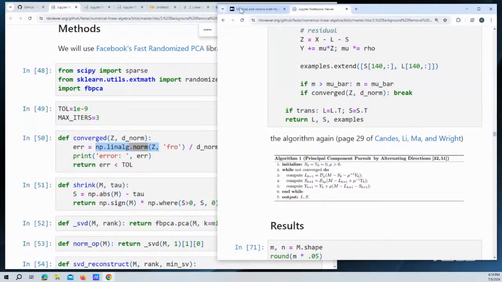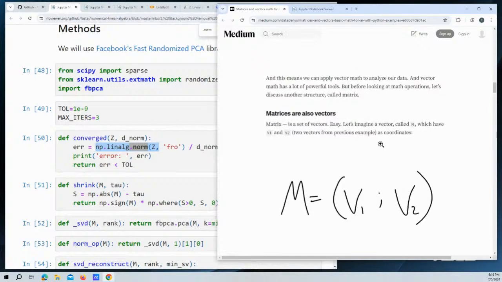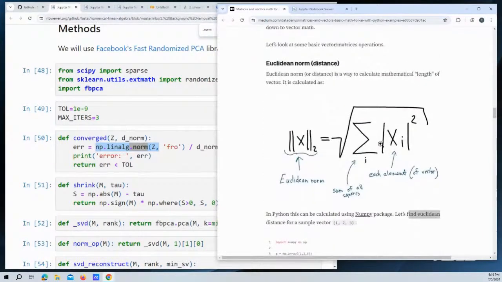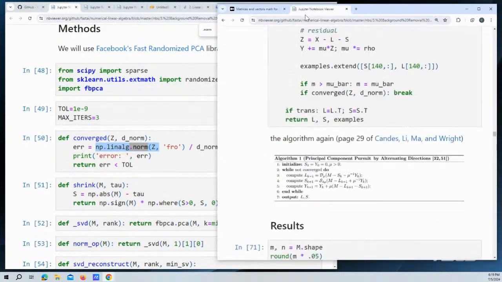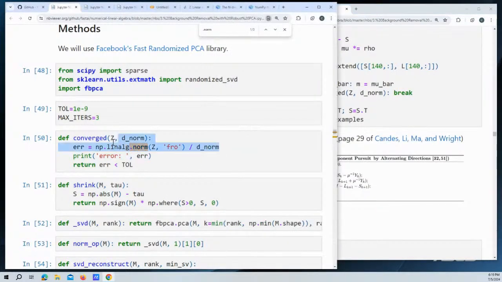And if I look here, and we talk about the Euclidean norm, or sum of all squares of each element, where is that here? So I guess I don't understand why we're doing this normalization of Z. Okay.